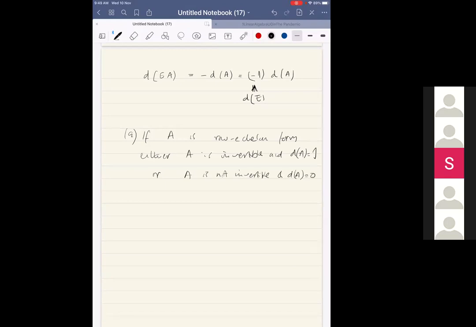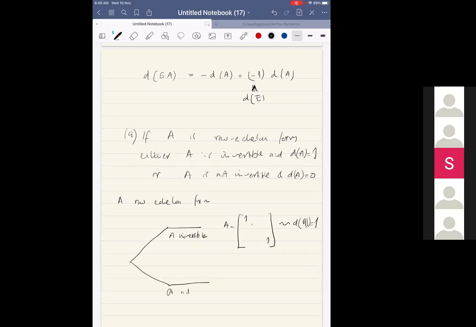Well, this is easy because if A is in row echelon form, then the possibilities are: A invertible, then A is just the identity matrix, and we already know that D of A is 1.